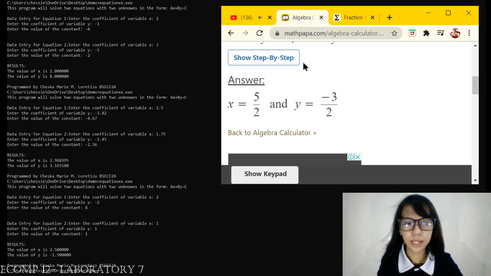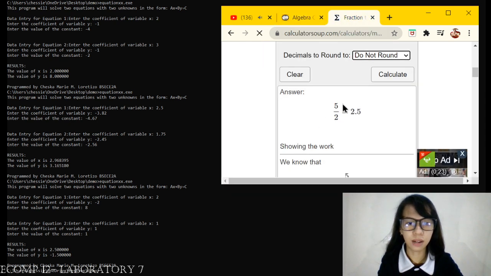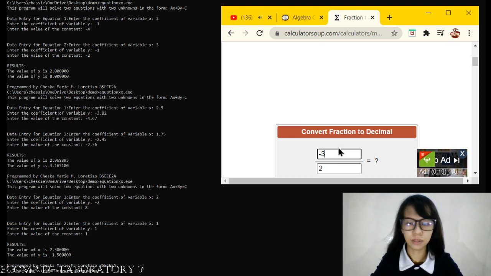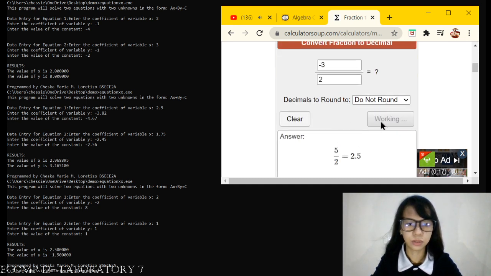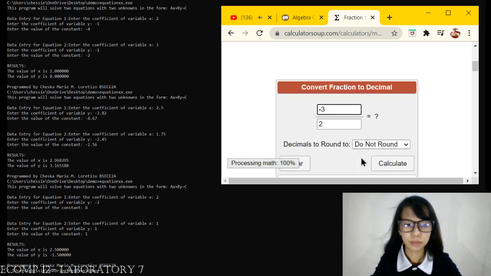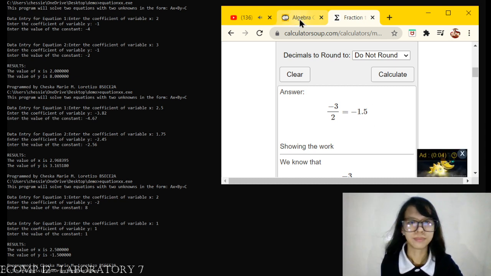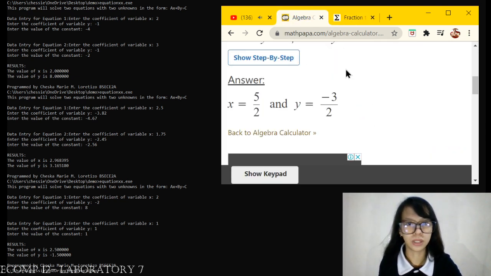And now we'll check the negative 3 halves. Negative 3 halves is equal to negative 1.5. As you can see, it is equal to our calculation in the command prompt and also in manual.